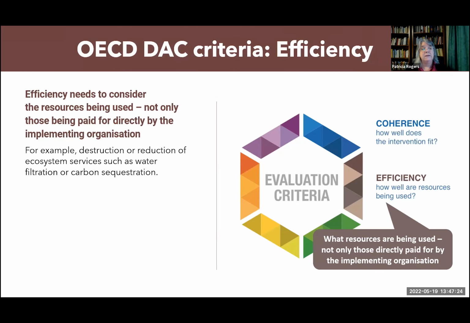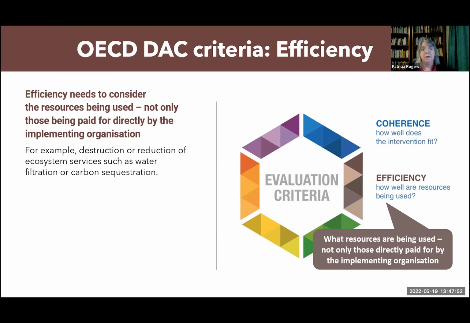And then efficiency is a really important one. And I'm delighted to see Julian King has joined us, and I'd be really interested in looking at how we could link to the work he's done on value for money, because often efficiency is just outputs divided by inputs. It's where a lot of very poor quality evaluation goes on, because people don't look at the real costs, and they don't look at the quality of the outputs, and they don't look at the durability of them.